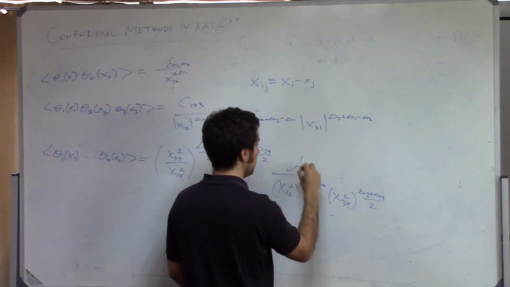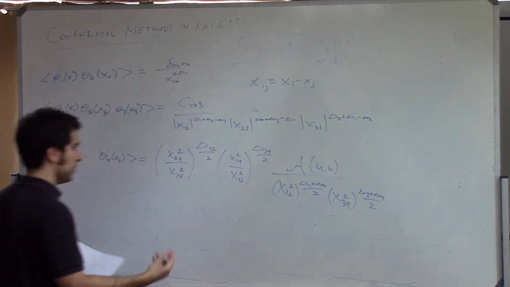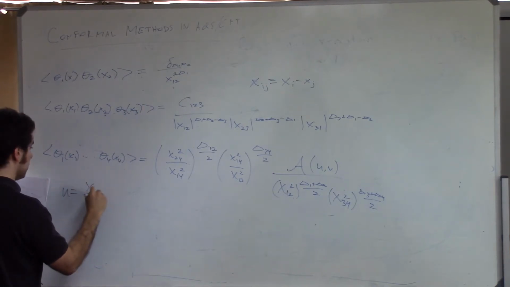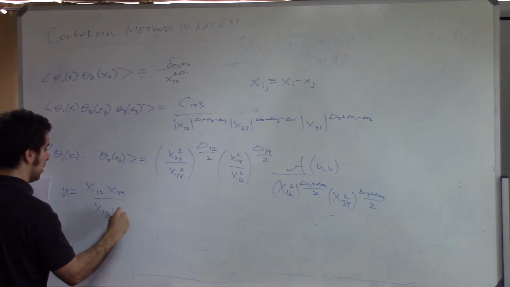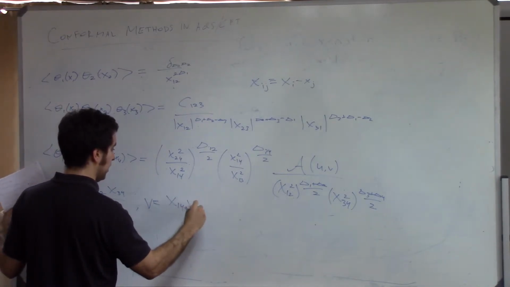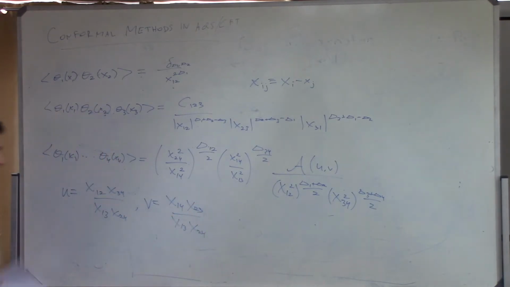And then there's some function, which I'll call A, of u and v, which are defined as the conformally invariant cross ratios formed out of these positions. So u is defined like so, and v is similarly defined. Great.